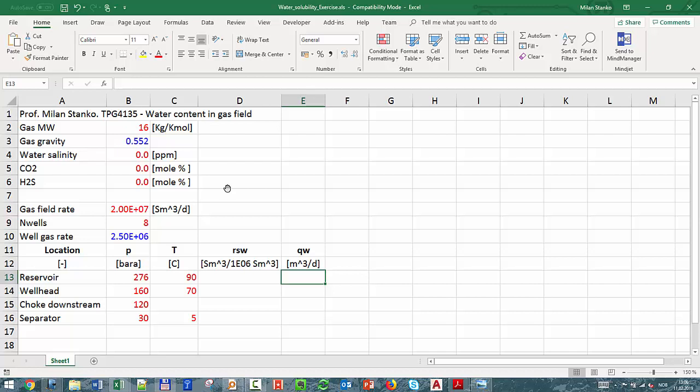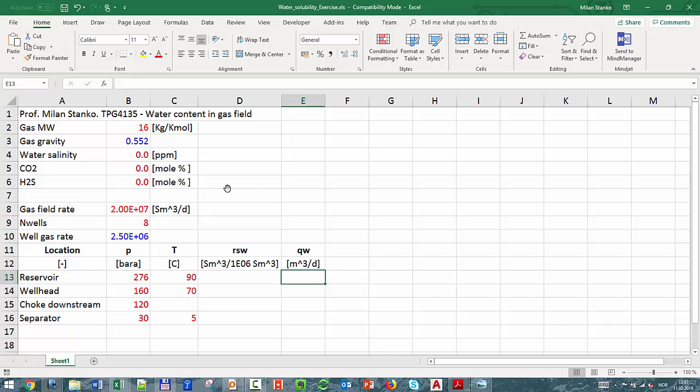But we are not going to consider that for now. So we have, at different locations, reservoir, wellhead, downstream of the choke, and separator, pressure and temperature. And we want to see how much water is contained in that gas. If I take that gas to surface, how much water is it going to give? What is the ratio?